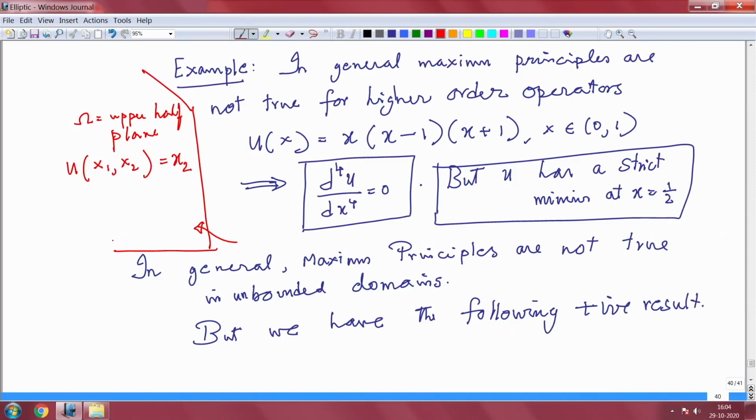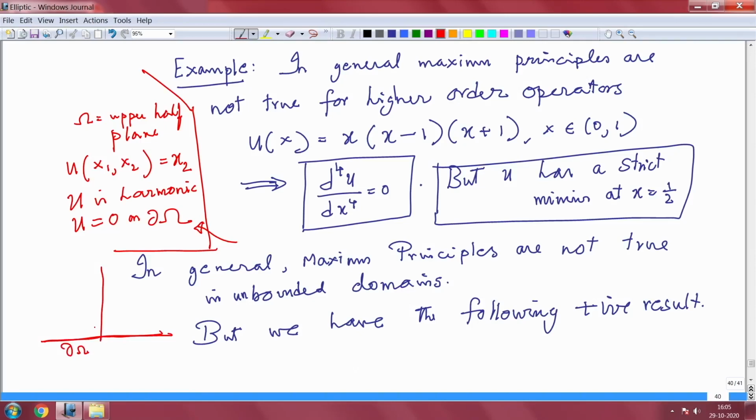Then u is harmonic, and u equal to 0 on the boundary. What is the boundary here? This is the boundary, this is your d omega.